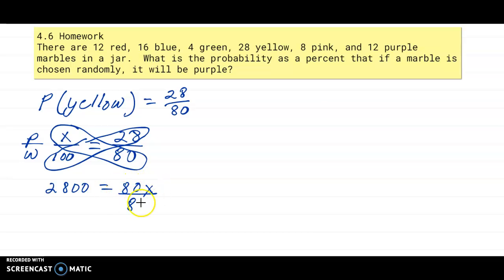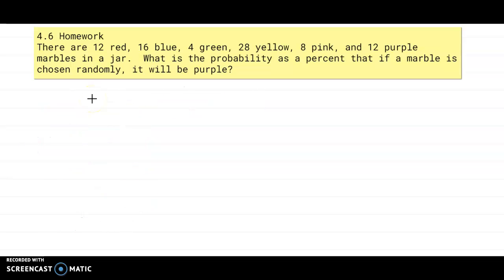I divide both sides by 80. X equals 35. 2800 divided by 80 is 35. So the probability of getting a yellow marble is 35%.